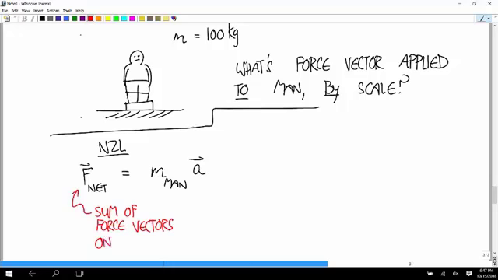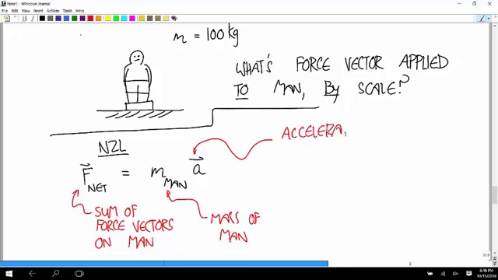So the man is going to be our chosen object. The mass of the man is the mass of the chosen object. And this acceleration vector is the acceleration vector of the man, the chosen object. And let's use a coordinate system like this.